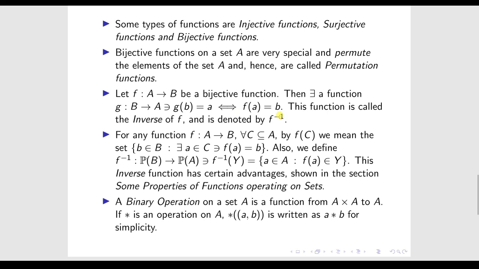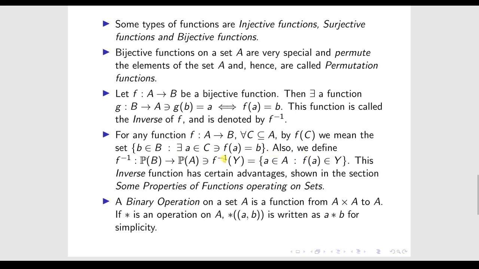and pronounced as f inverse. For any function f from A to B and for all subsets C of A, by f of C we mean the set of b in B such that there exists an a in C such that f of a equals b.